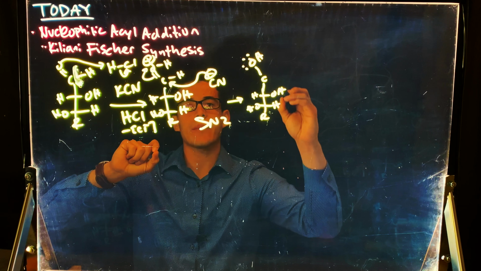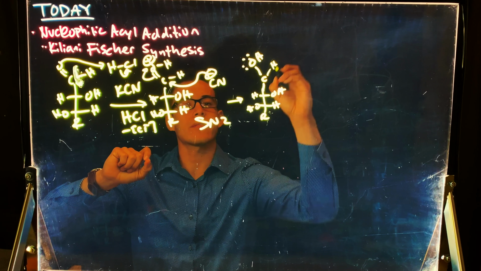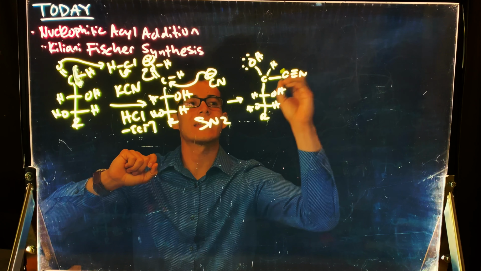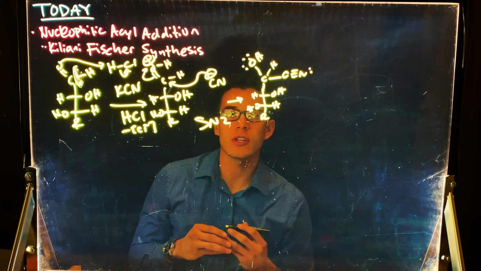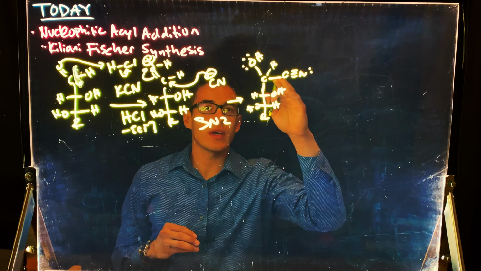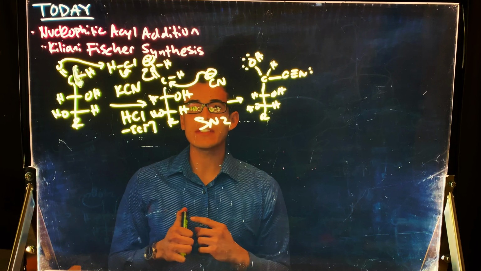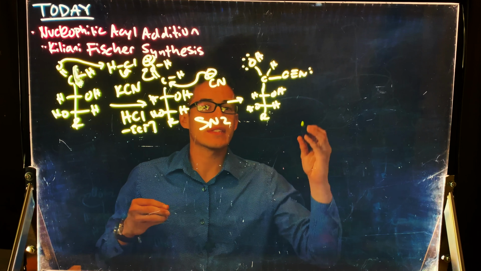The O is now happy. We still have that hydrogen coming off of here. And now we have our C triple bond N that was just added there. So sp3 hybridized, we have quite a few electronegative groups nearby. One of these is going to have to go. So let's see what we do next.